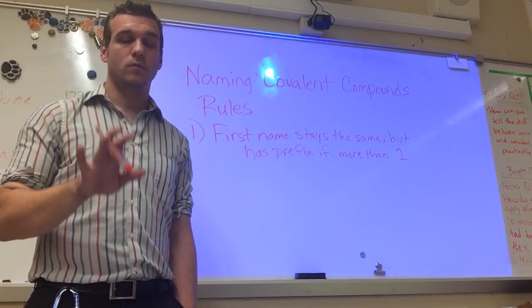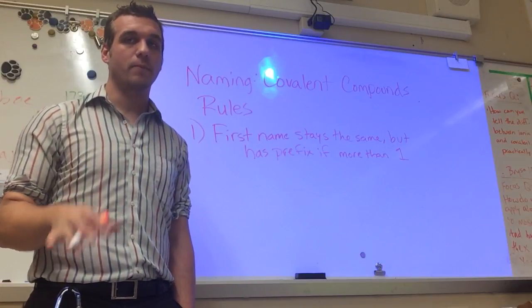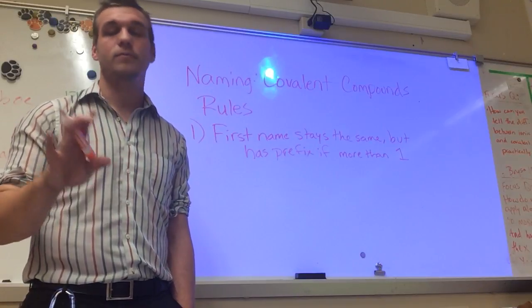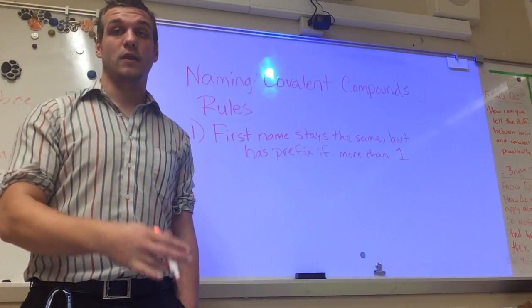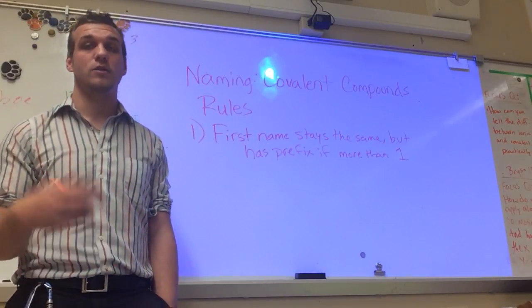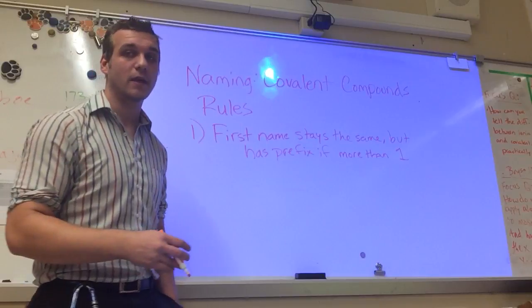Okay? So we're going to give you a couple examples of that. Make sure to look at that. That just essentially means sulfur is going to stay sulfur. Phosphorus will stay phosphorus, oxygen, oxygen, so on and so forth. Okay? We'll make sense of that here in a minute.